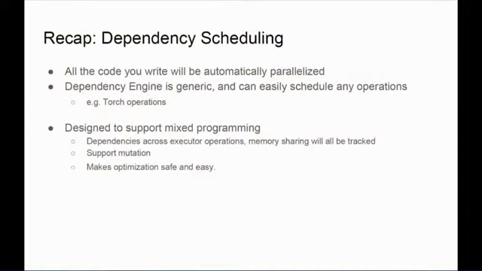So to recap this section, we really need a good dependency tracker that tracks all the dependencies if you want to build a powerful system for multiple GPUs or multiple resources. And having such a dependency engine makes things easier for you, in the sense that you don't have to hard code all the data parallelization patterns.